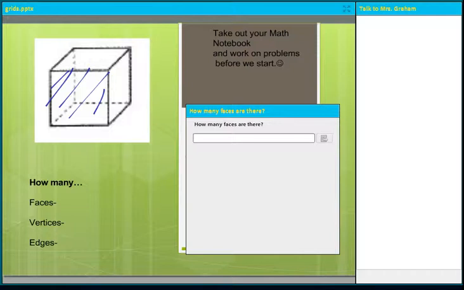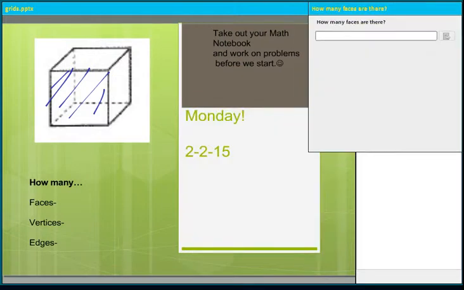Okay. Very good, guys. Jaden, how many faces? Alright. Excellent job, everybody. Okay, so when we're looking at the number of faces, we are looking at those flat parts. So we're going to just count up all the flat parts we see.